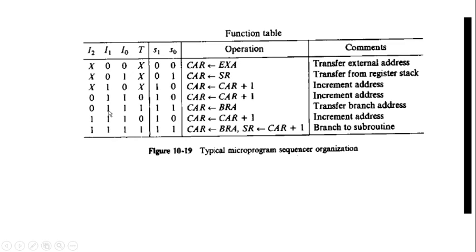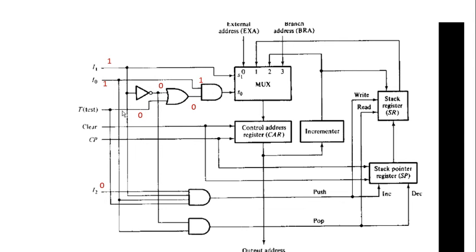Next case, I1 equal to 1, I0 equal to 1 with I2 equal to 0 and T equal to 1. What is going to happen? This is the case I1 equal to 1, I0 equal to 1, test input equal to 1 and I2 equal to 0.